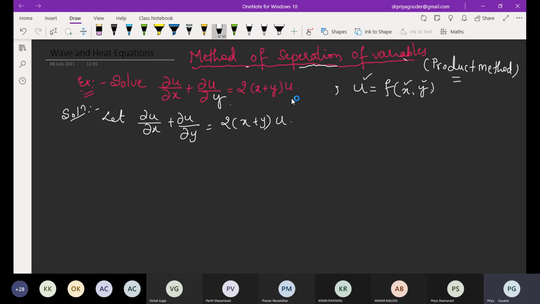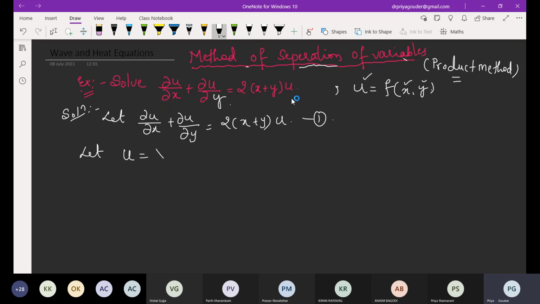Next, assume, let u equal to. So the dependent variable is u. Take this equal to the product of independent variables as the solution. Now, what are the independent variables? X and Y, correct?